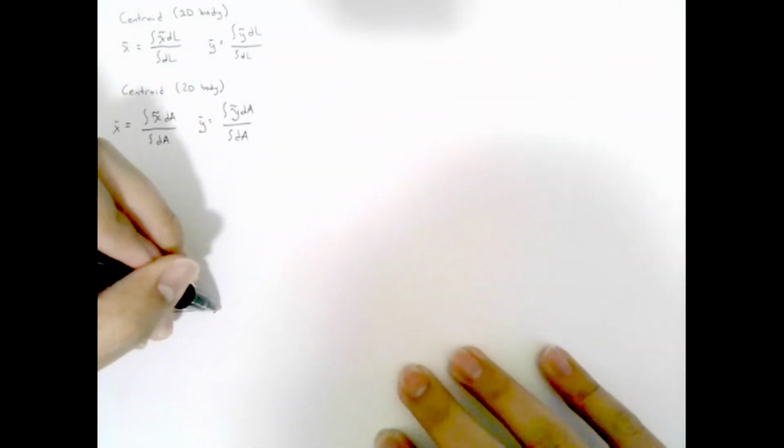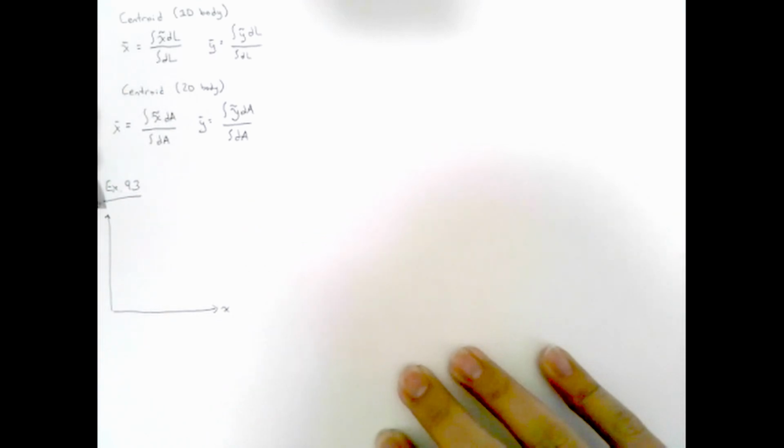And because we already know the theory behind it, let's just go straight to an example. And let's try an example where we all know what the final answer will be, just so that we know what to expect, okay? Let's try to find the coordinates for the centroid of this right triangle.